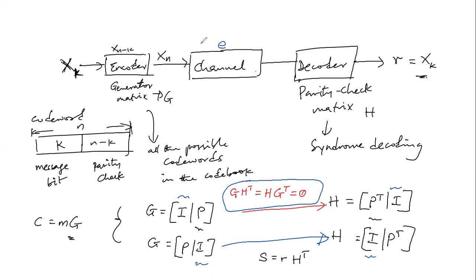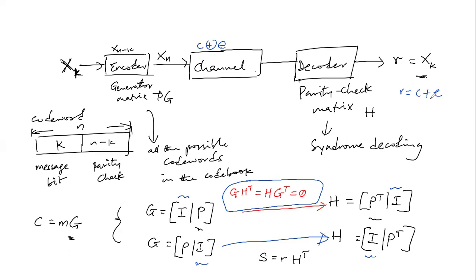So here we are going to have the code word plus this error. So this is what is going to come out. So after decoding, what we receive will be C plus this error, the code word. Okay? And now we know that the syndrome is what we receive times the transpose of the parity check matrix. And then we can do the analysis.